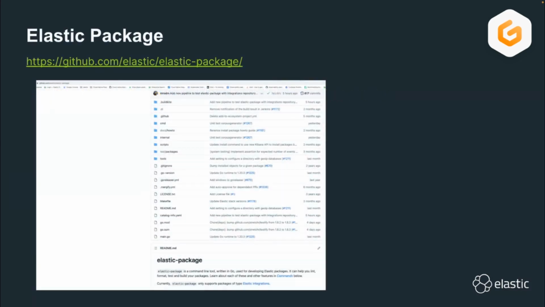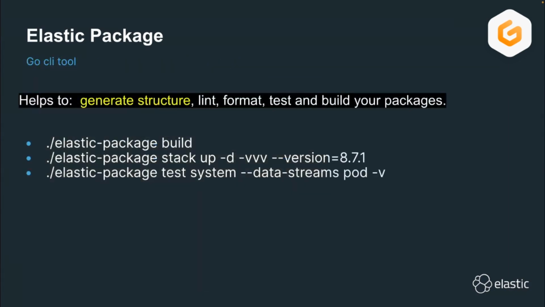You can find the Elastic Package tool under /elastic package tool. You can download it on your machine. There are built versions, there is the source code, and you can also build it on your machine. So what is Elastic Package tool? It's a Go CLI tool. It can help you build, create an integration, format, and generate the previous structure that we mentioned with the folders and the streams, so you don't make the same errors.